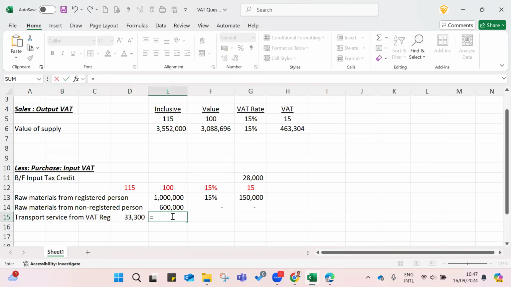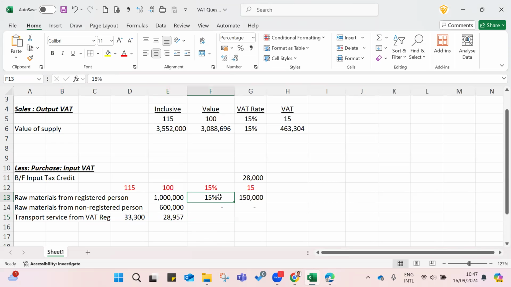Then in order to get 100, you just need to divide it by 115, multiplied by 100, right?